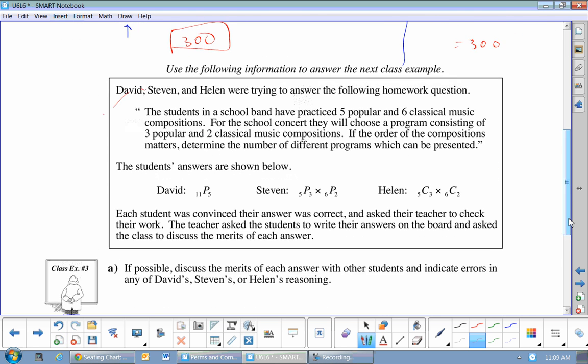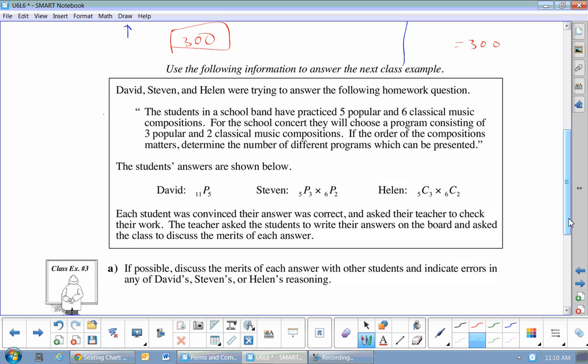Next. Okay, this is a really, really good question. So just kind of read along with me. We've got David, Steve, and Helen. We're trying to answer the following question. Okay, so here's the question. The students in a school band have practiced 5 pop songs and 6 classical compositions.